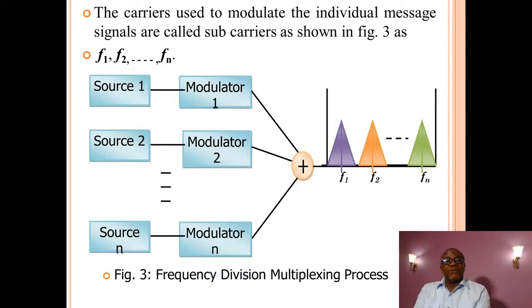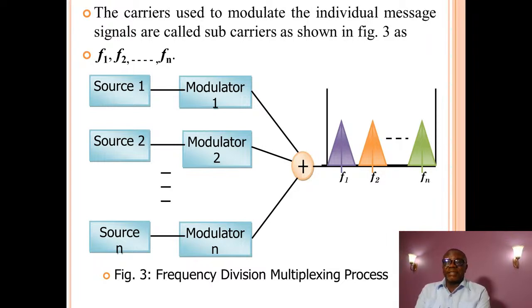Source 1, which has F1, goes through a modulator, which modulates the signal. Likewise source 2, source N. And all of them are summed up where we have the summation sign. When they are summed up there, they become a composite signal, and they are now transmitted through the channel.